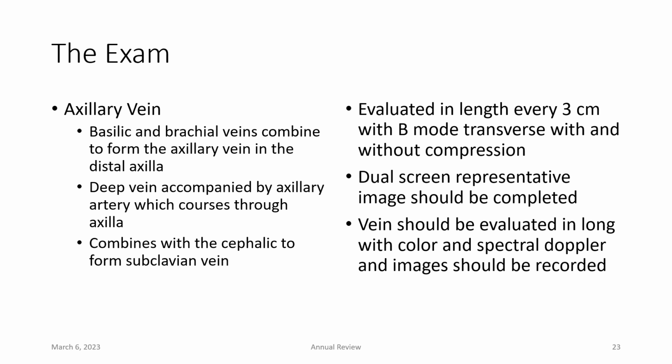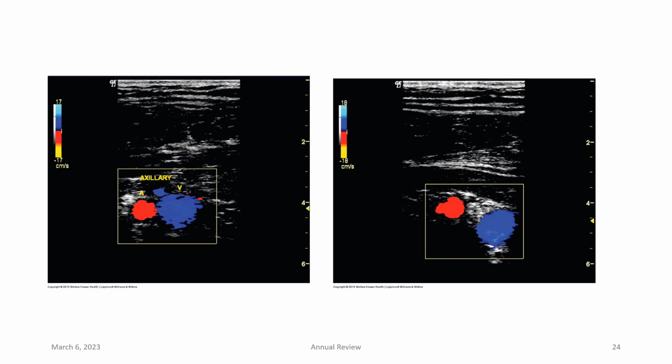As we're getting closer to the heart here, especially if there's any congestive heart failure, you might be finding just a little bit of that pulsatility in this vein, but it should be significantly less than that in the brachiocephalic and subclavian. So here you see the axillary vein accompanied by that axillary artery, and you see them side by side.